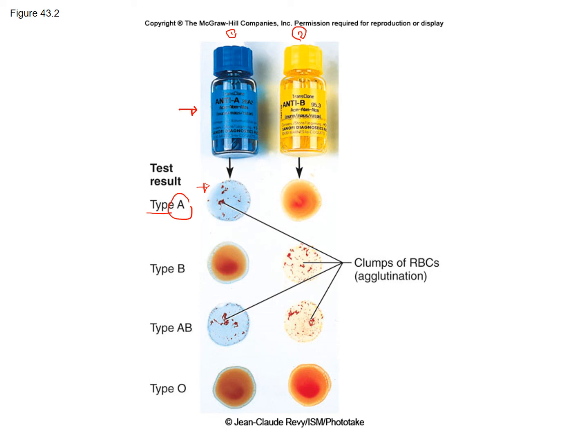Anti-B, clumping. That means this blood type is B. You add anti-A and anti-B, and there is clumping in both. That means this blood type is AB. You add anti-A and anti-B, and there is no clumping in either well. That means this blood type is O.